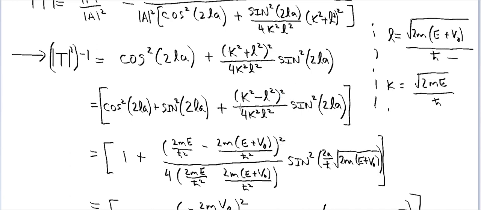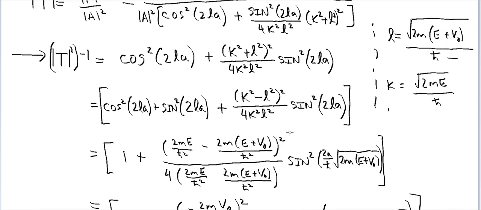And then in the denominator, we have 4 times, well, k² is still 2mE over ħ², L² is still 2m(E + V₀) over ħ², times sin² of 2La, sin² of 2La is take this and multiply by i by 2a, and you'll get that, right?